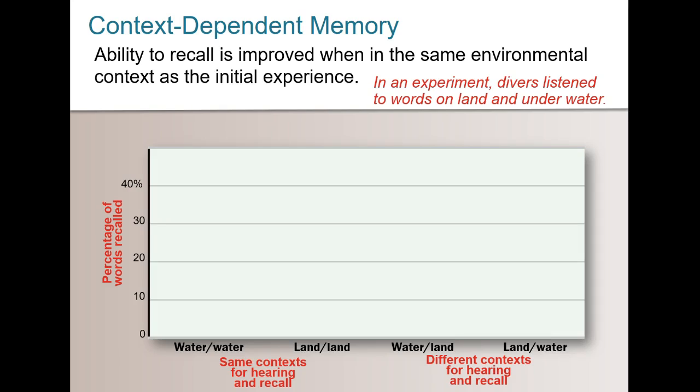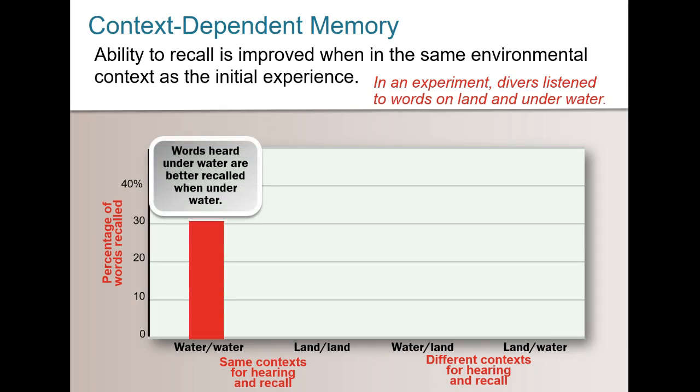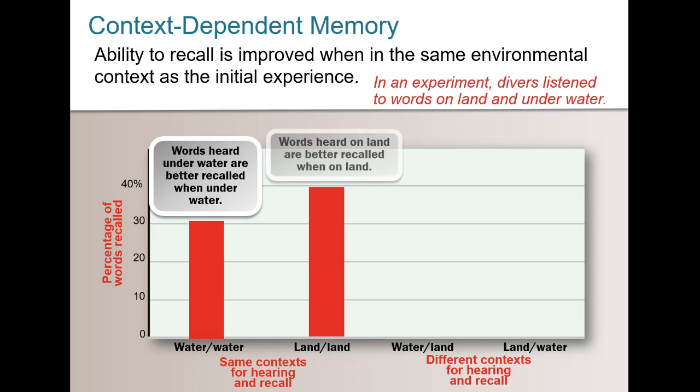This was an interesting experiment where they had people learn a list of words. Some of the people learned the list of words underwater, and some of them learned the list on land. Then later they were asked to recall as many words as they could. Words heard underwater were better recalled when the people were underwater, and words learned on land were better recalled on land.